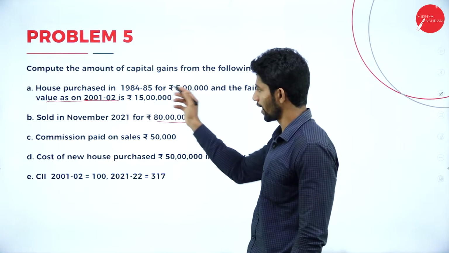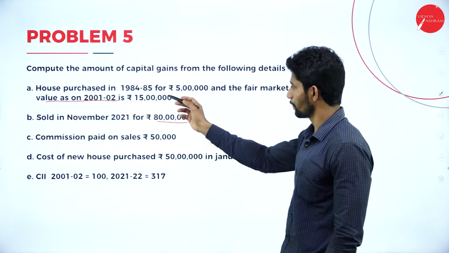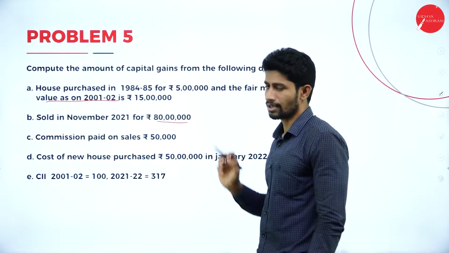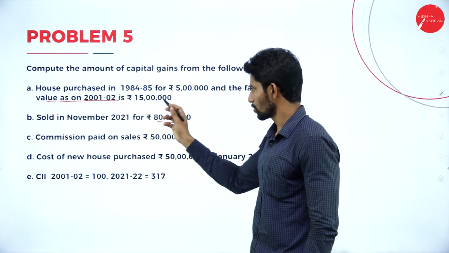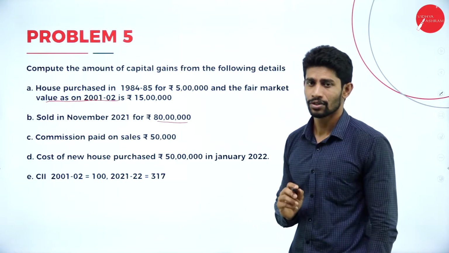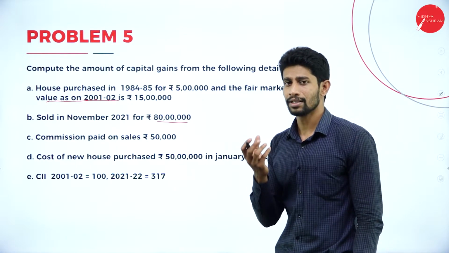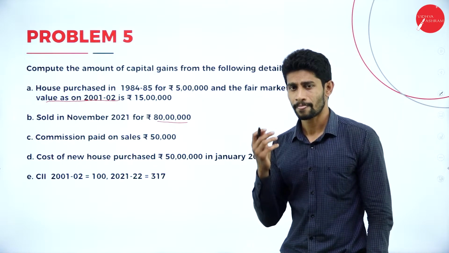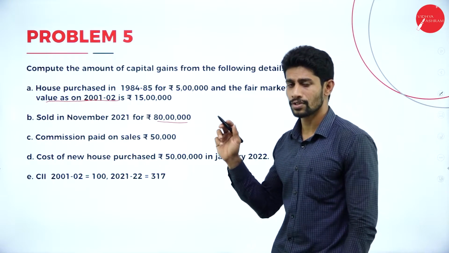Here you can see 2 values, that is the house purchased in the year 84-85 for rupees 5 lakhs and the fair market value on 2001-2002 is 15 lakhs. So here from Income Tax Authority, they are given the cost of inflation index from the year 2001-2002.